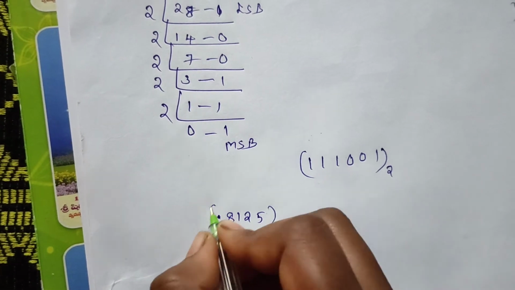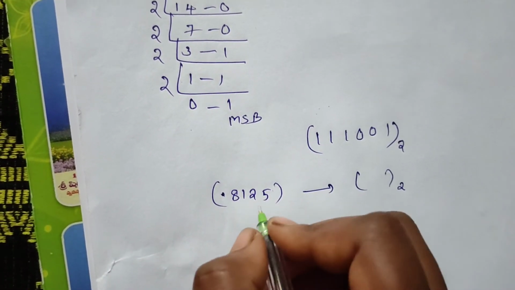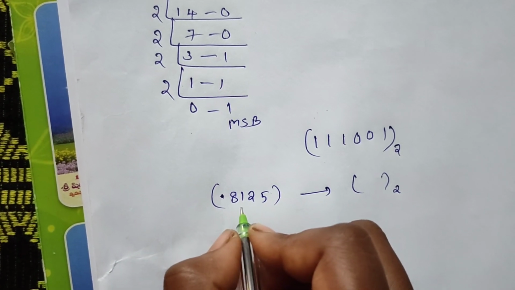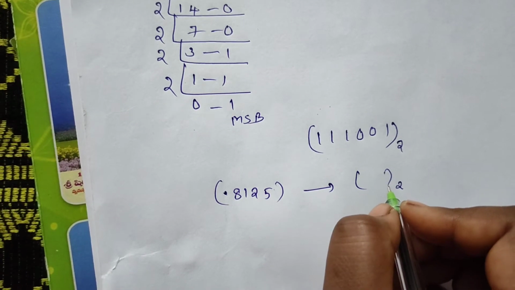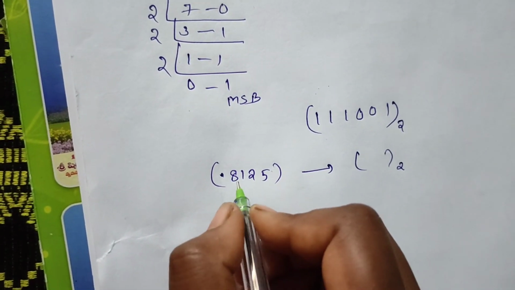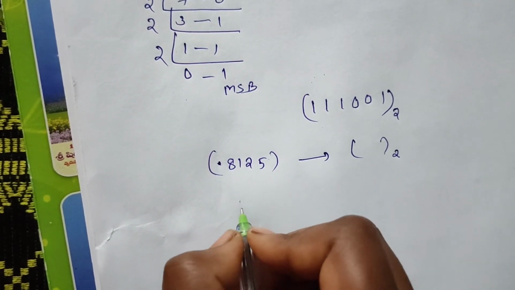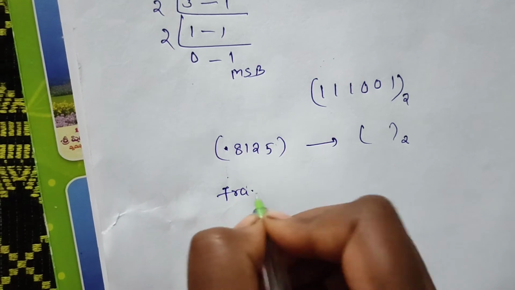Now we will see the binary conversion of the fractional part. As I told you, multiply this fractional part with 2. So that I am doing now. After multiplying we will get a value.